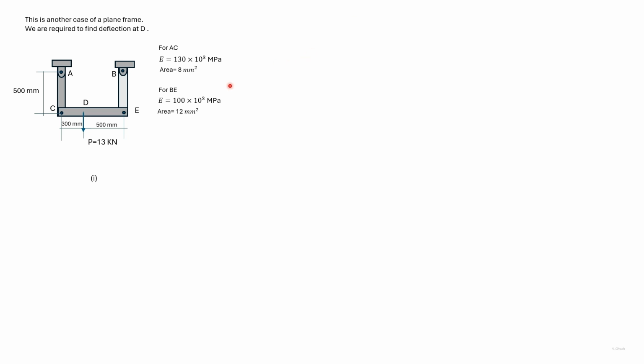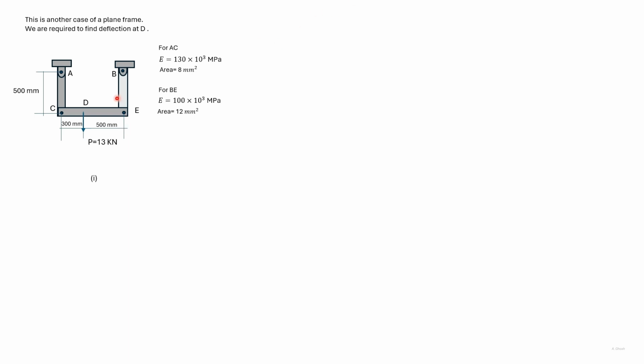The force at D is given and we are required to find out the deflection at D. Now since D is more towards AC than BE, we understand that AC will deflect more than BE.